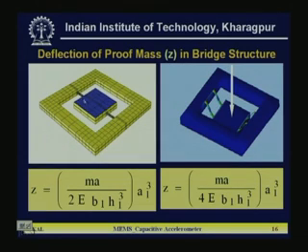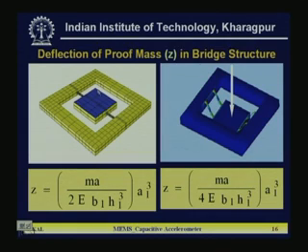Similarly here also. It has been observed by analytical calculation or finite element analysis that if you make the flexure at the middle of the cross section of the seismic mass, it gives a better response compared to a flexure fabricated at the flat top surface.